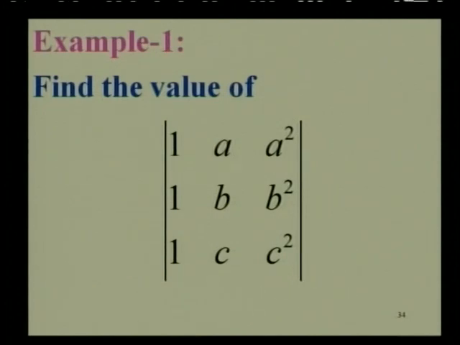Now if you take a equal to b, then both the rows R1 and R2 are identical, so the value of the determinant is 0, and so by factor theorem you can see a minus b is a factor. Same way, if you take b equal to c, that is second and third, rows become identical, and therefore again determinant is 0, so b minus c is again a factor.